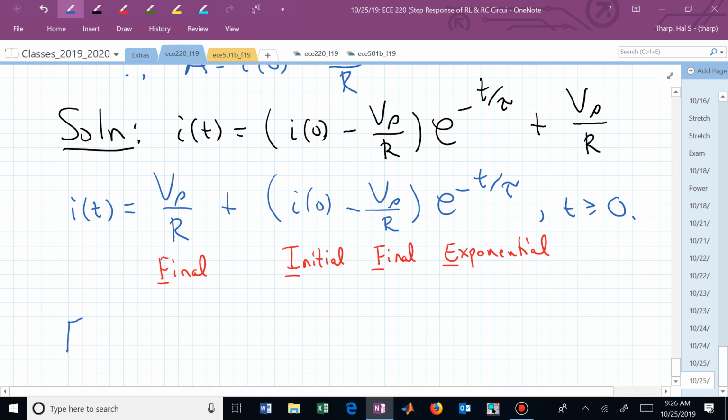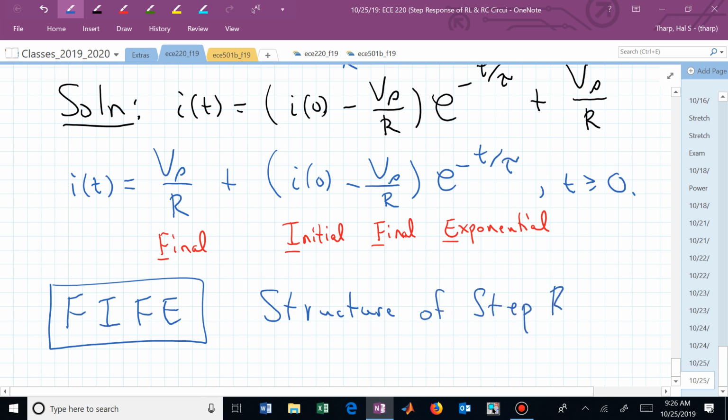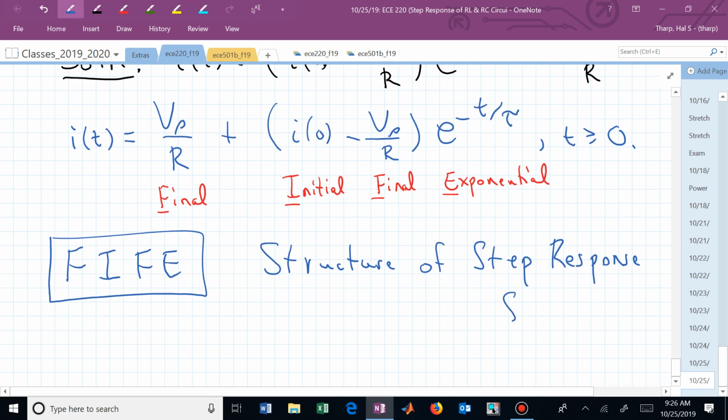We now have FI, FE. Final, initial, final, exponential, and this is what we can rely on to provide us with the structure of a step response solution.